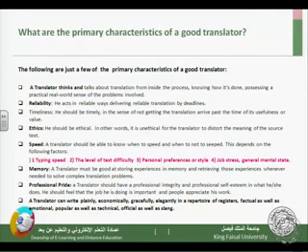Now the memory. The memory again is one of the best characteristics of a good translator. A translator must be good at storing experiences in memory and retrieving those experiences whenever needed to solve complex translation problems. Professional pride: again, the translator should have professional integrity, a professional self-esteem in what he or she does.